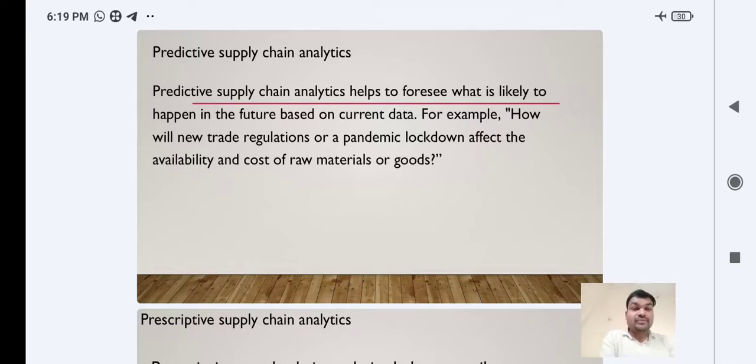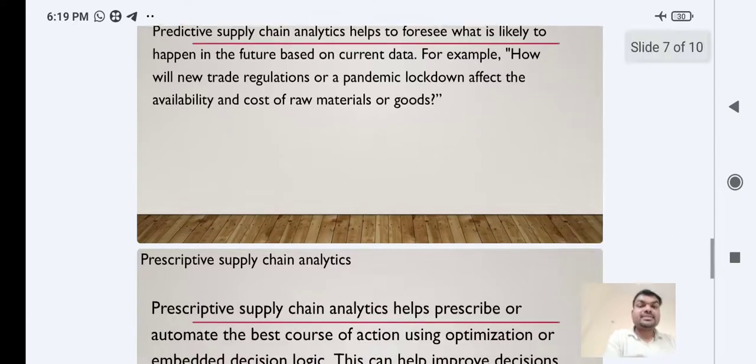What will be the effect on our supply chain or product manufacturing? We will have to plan according to the future plans of the firm or government policies. This is included in predictive supply chain analytics.